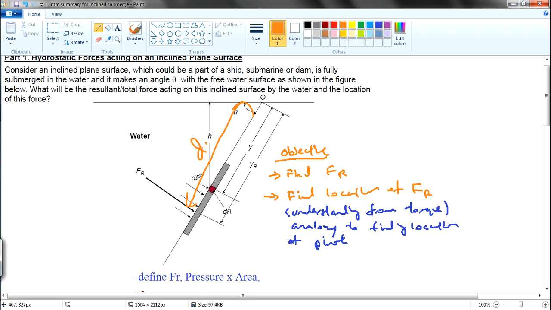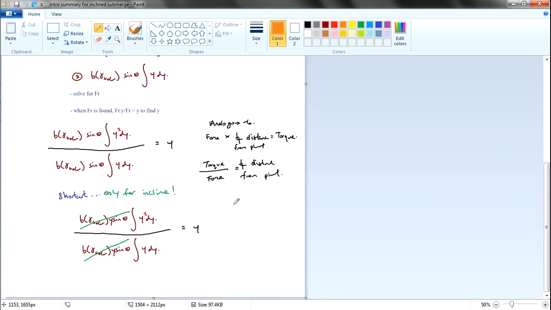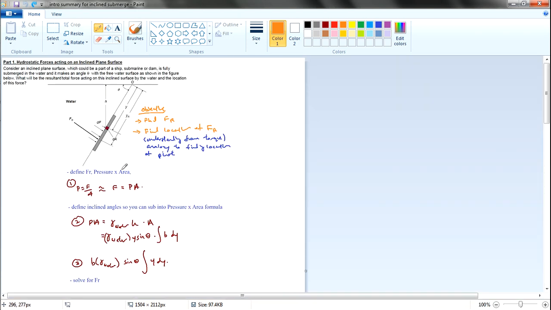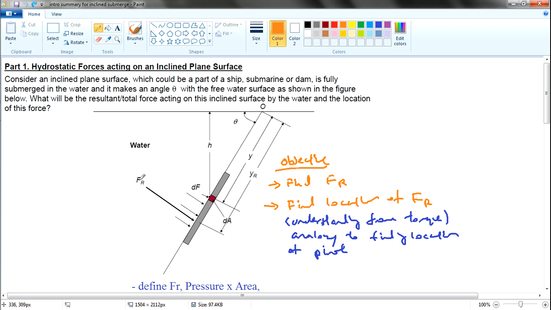Force times distance, you'll get some motion in this manner, right? Torque. So this is what I'm talking about. We're actually finding this y, but the position yr is different. The y and the yr are different. What I'm talking about just now is actually yr, because our purpose is to find yr in the end. yr is the position of force R.